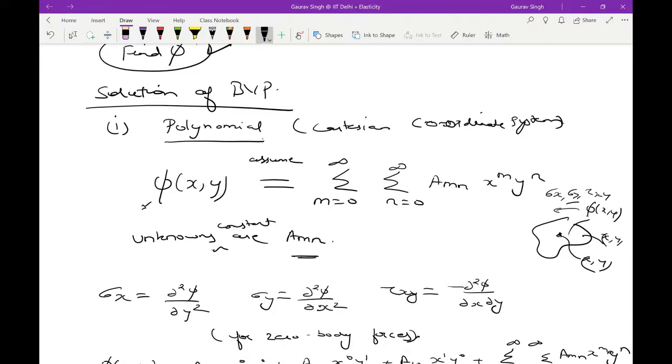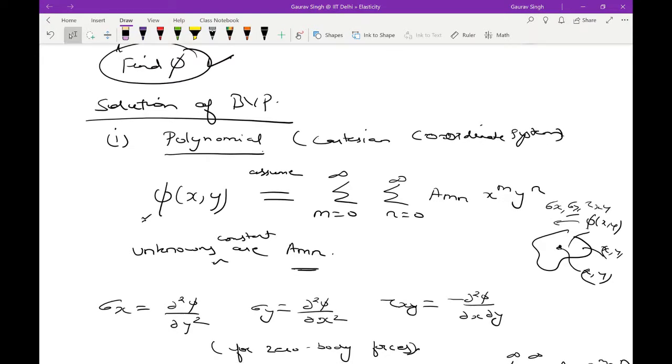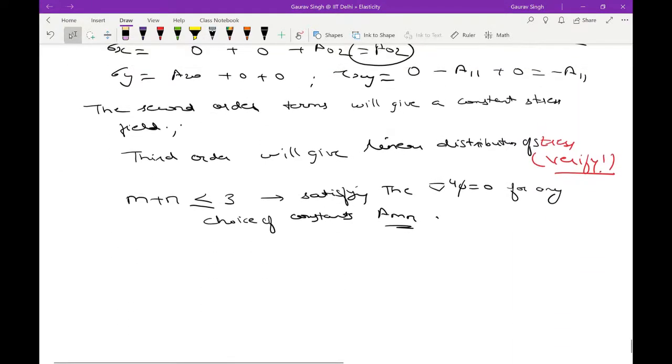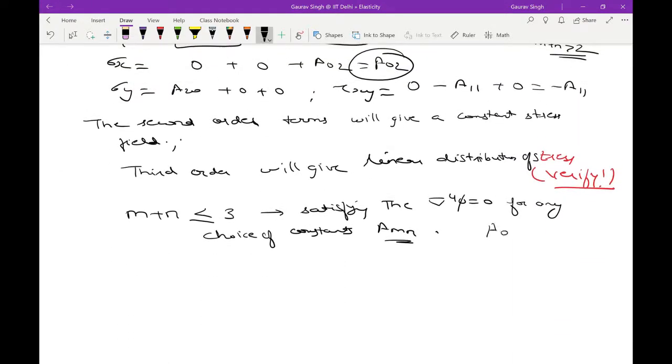So if you put any AMN, like what are the options? A00, A30, A21, A12, obviously, A03, and even A11, and what are the others? 3, 1 cannot be.